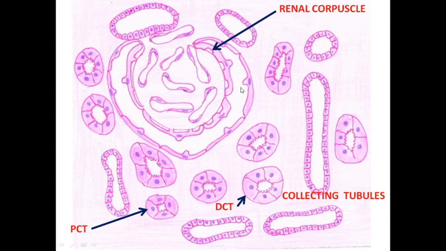So this is the entire corpuscle, that is the Bowman's capsule and the glomerulus. The glomerulus is formed by the capillaries of the afferent arterioles, which break down into capillaries here. Apart from that, we can see the proximal convoluted tubules, the distal convoluted tubules, and these are the collecting tubules. So these are the structures which can be seen in the cortex of the kidney.